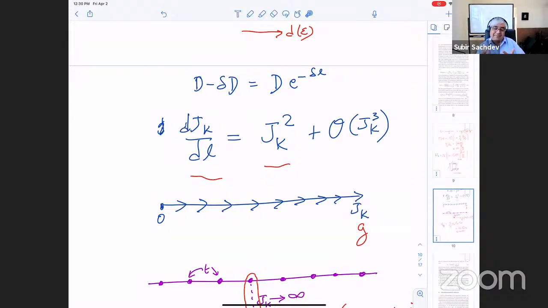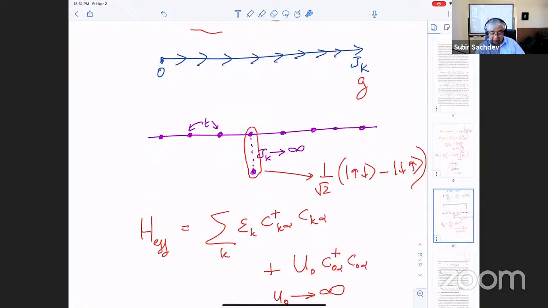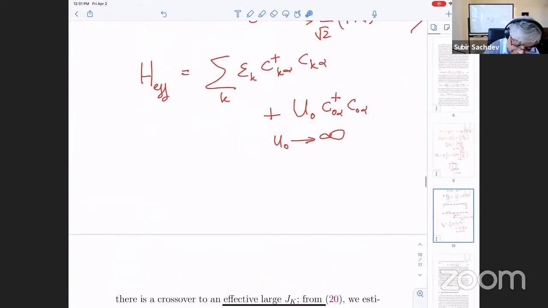But there's also a sense in which you can think of this, as JK goes to infinity, as confinement. What's confined? Well, what's been confined is the moment on this side. So when JK is 0, if you're at very high temperatures, then you can just ignore JK, and then you have a free moment here. And this means that if you measure the magnetic susceptibility, this is worth saying.